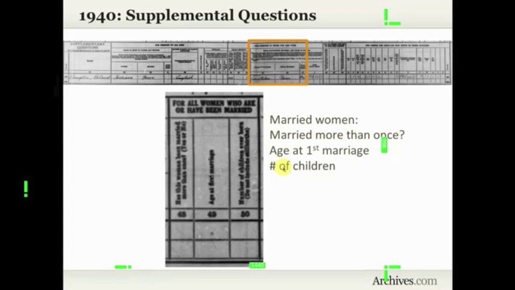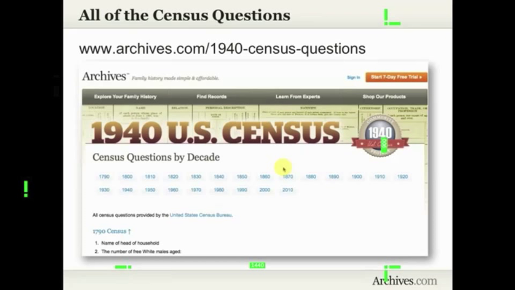Now, there are a lot of questions on all of these censuses. So I encourage everyone to go to this page at archives.com. This page is free for everyone at archives.com/1940-census-questions. And it doesn't have just the 1940 census. It has the questions for every U.S. census from 1790 all the way to 2010.